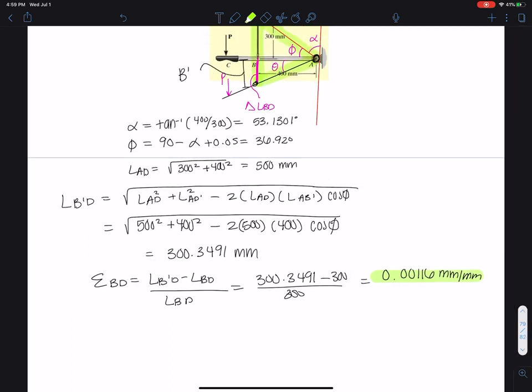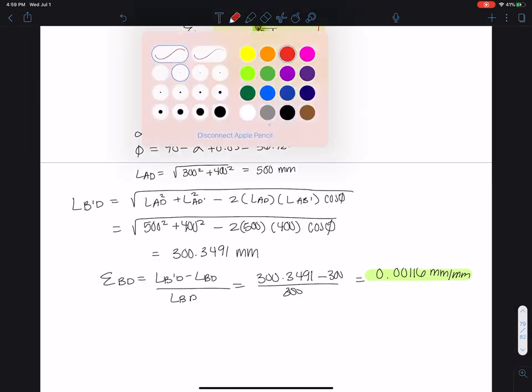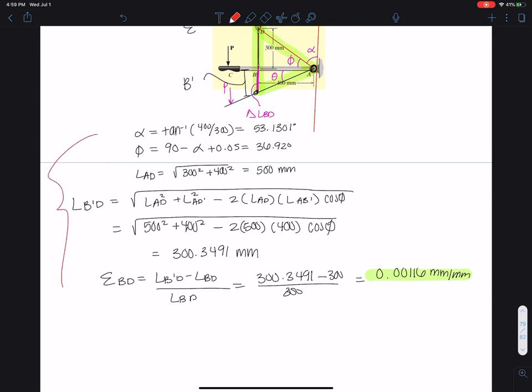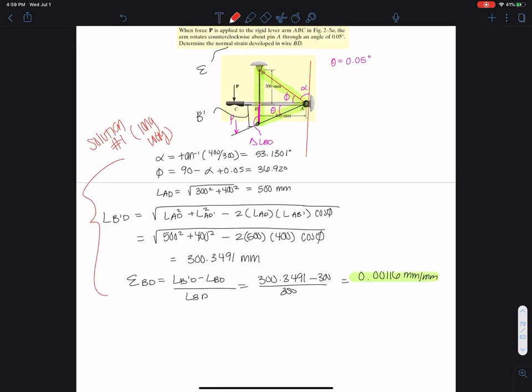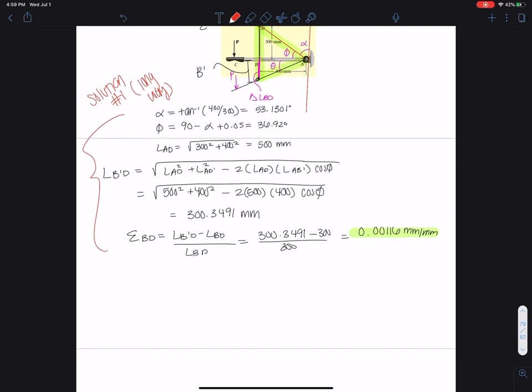So I'm going to call this solution 1, and I'm going to put long way. And then now I'm going to show you solution 2, which is the engineering way, where we assume basically that this change is just equal to theta LAB instead of having to put the cosines and sines in there.